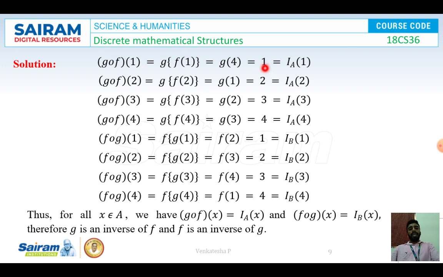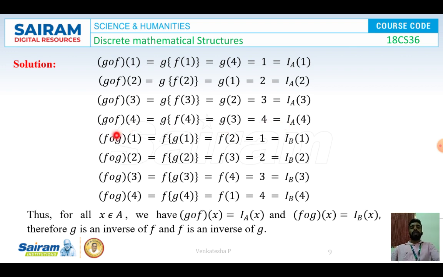This is from A only, so I got IA of 1. Again g o f of 2 will be equal to g of f of 2, which is g of 1, and this is 2 only. So this is IA of 2. The same thing we have to do for all the entries of the set A, to get g as the inverse of f.